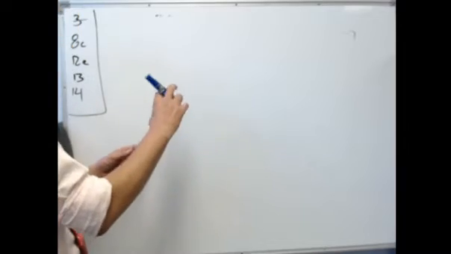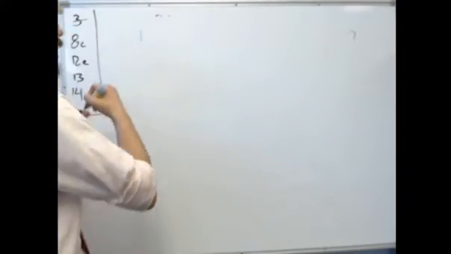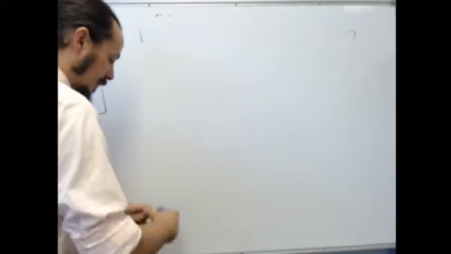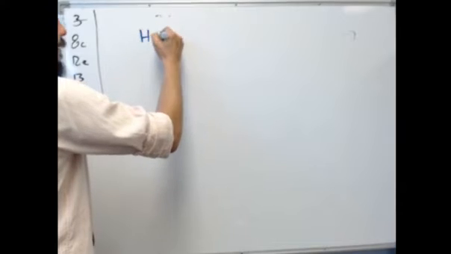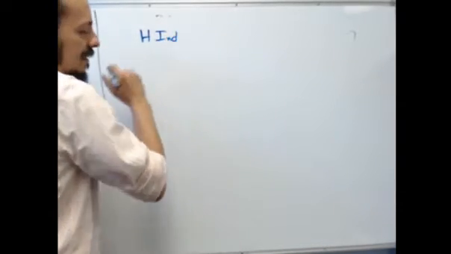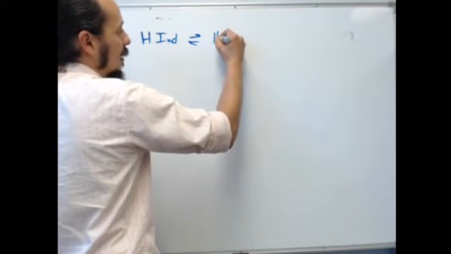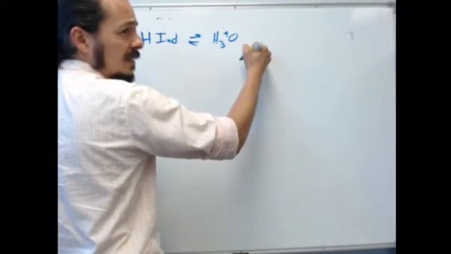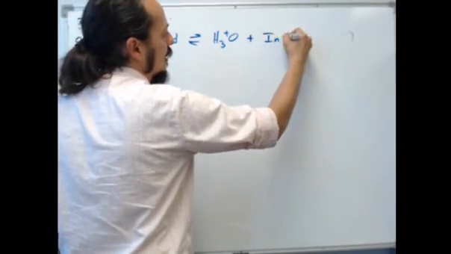I want to use blue, but all my blue pens are empty. There we go. So we have HIND, an indicator, which breaks into H3O plus, and IND minus. It does H plus, but H3O plus is more correct.